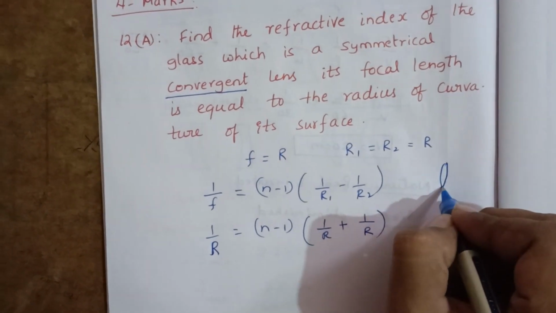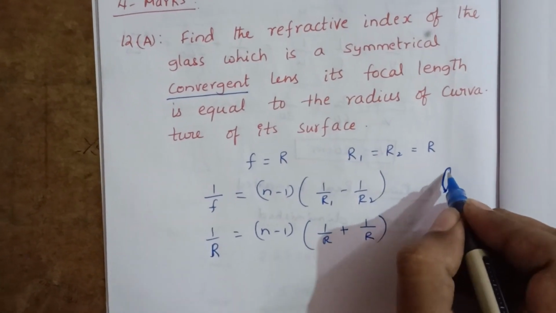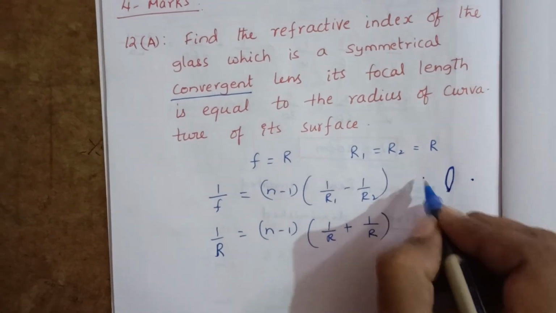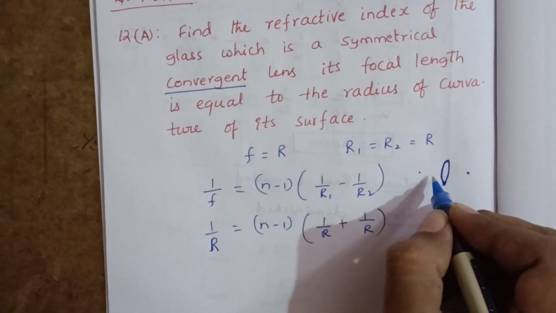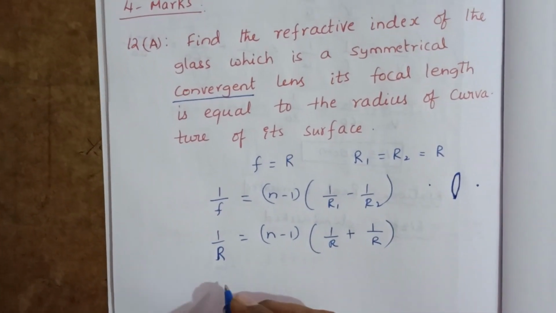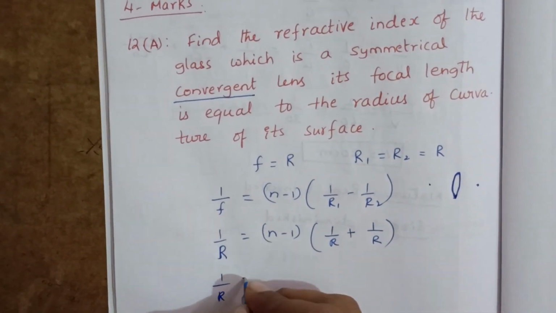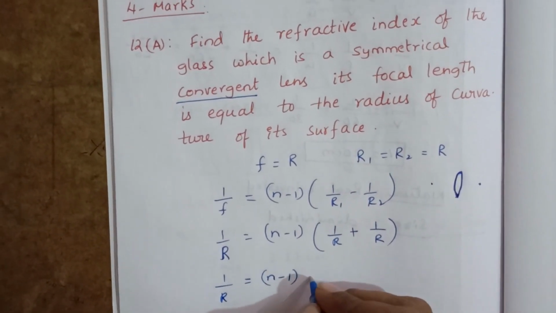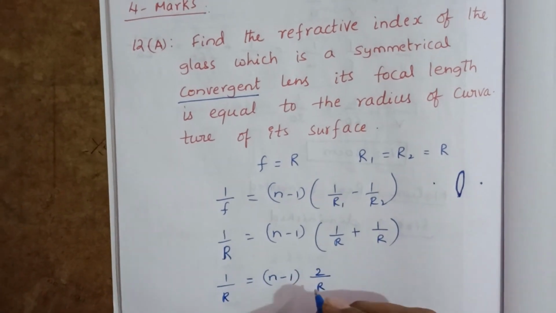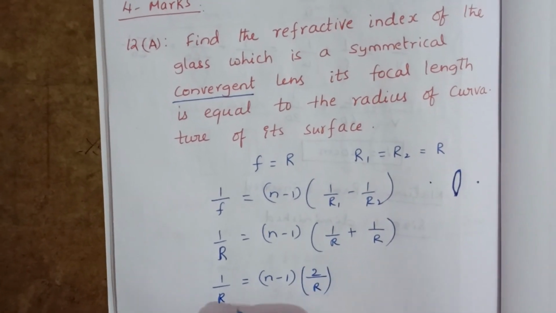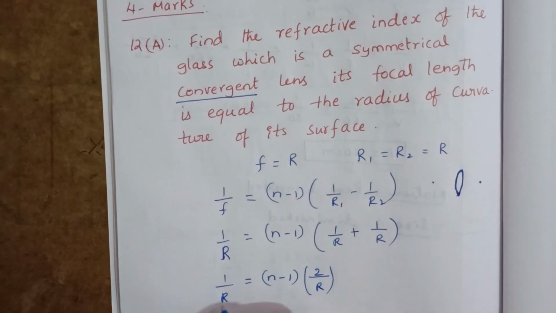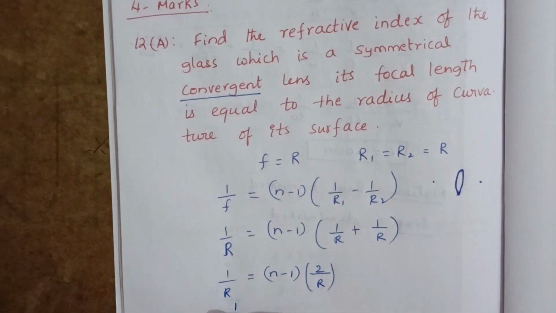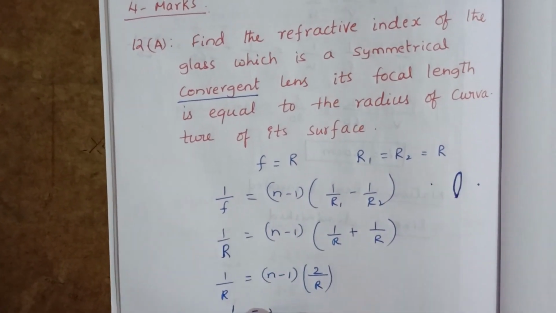For R2, sign convention we should take. This is negative. So minus into minus becomes plus 1 by R. We have two surfaces. This surface R1 this side, this surface R2 this side. So opposite to the direction of the incident ray, sign convention is minus. So we will write 1 by R equal to n minus 1 into 1 by R plus 1 by R. R is the LCM, 1 plus 1, 2, so 2 by R. R gets cancelled. 2 coming this side, 1 by 2 equal to n minus 1.